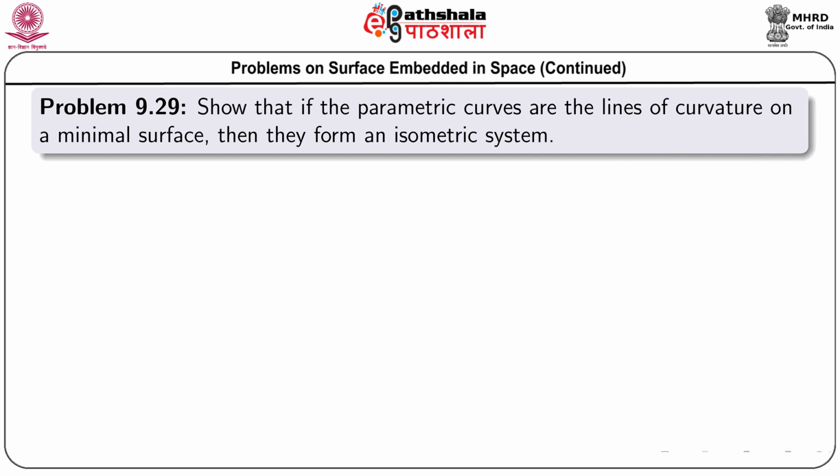Now, in the next problem, we shall see that if the parametric curves, or the coordinate curves, are the lines of curvature on a minimal surface, that is, if the surface is a minimal surface, meaning the mean curvature is 0 there, then they form an isometric system.